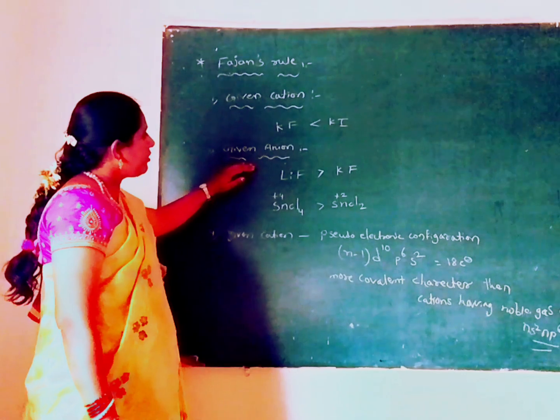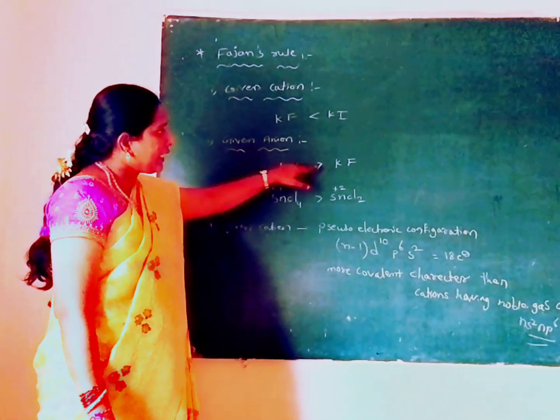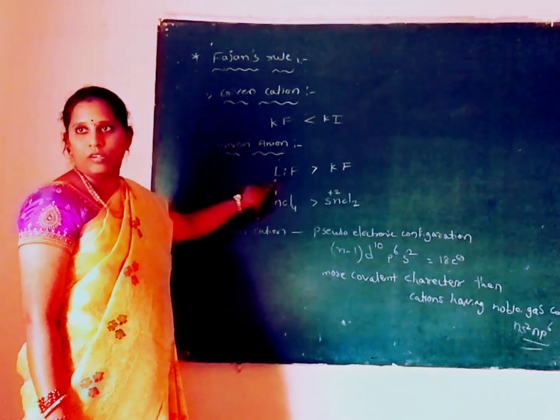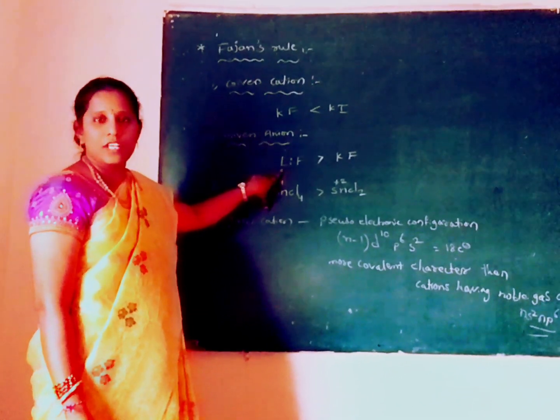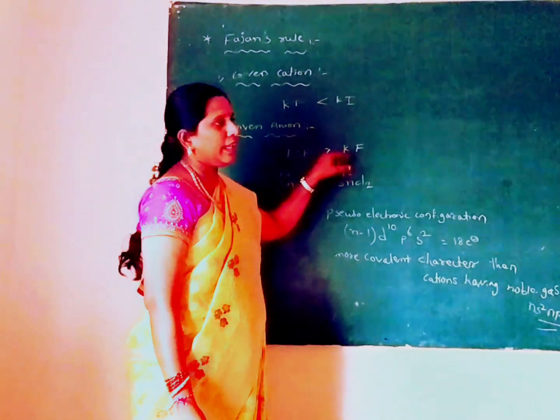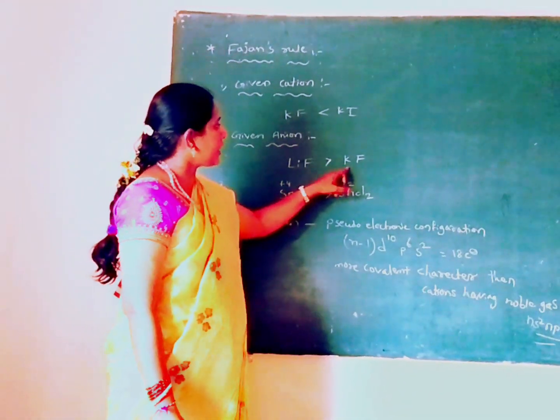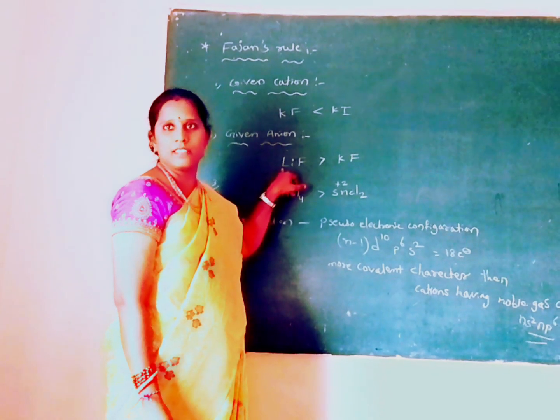For a given anion, covalent character increases with decreasing size of the cation. So lithium fluoride has more covalent character than potassium fluoride, because lithium has a smaller size.